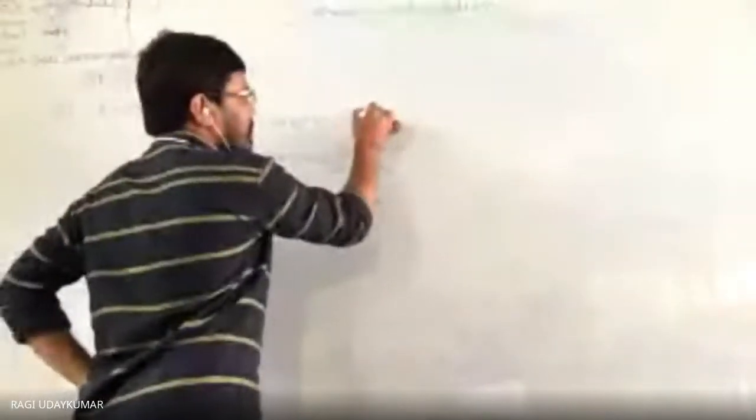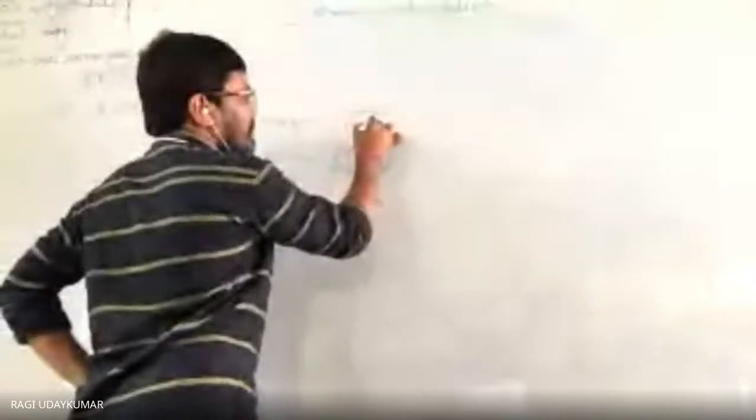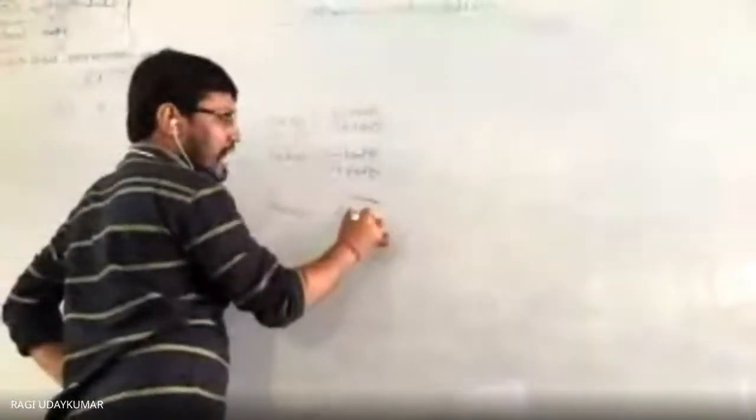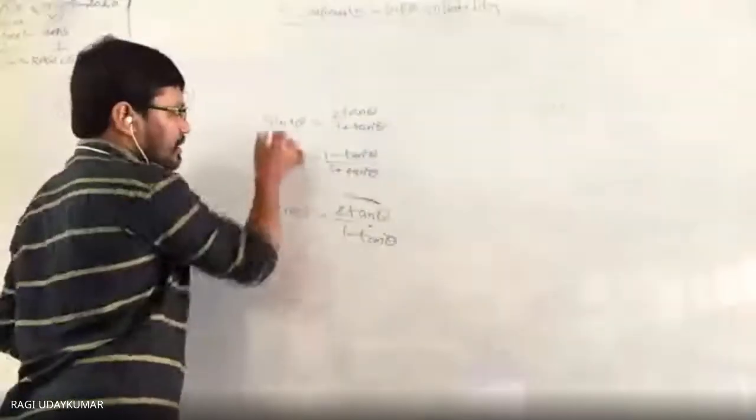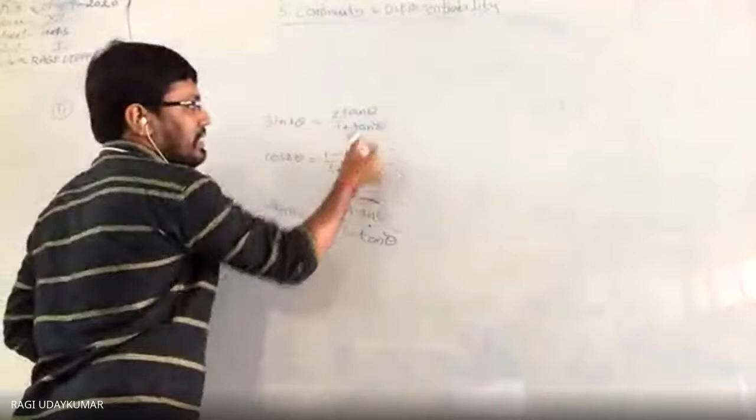Sin 2 theta is equals to 2 tan theta by 1 plus tan square theta. Tan 2 theta is equals to 2 tan theta by 1 minus tan square theta. If you have these formulas in your mind, see here, tan theta is nothing but sin by cos. Divide through, the two cancel, and you get 2 tan theta by 1 minus tan square theta.